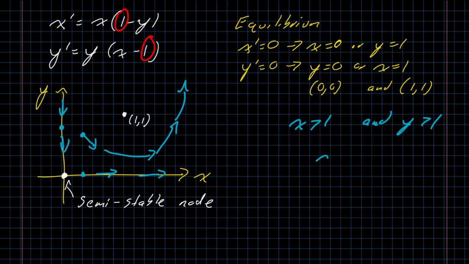So I get that x prime is negative, y prime is positive. Right? So y is still going to be increasing, so we'll be going kind of in this direction where x is decreasing. And doing that will get us over here somewhere, and now we'll be in the place where y is bigger than 1, but x suddenly is somewhere between 0 and 1.